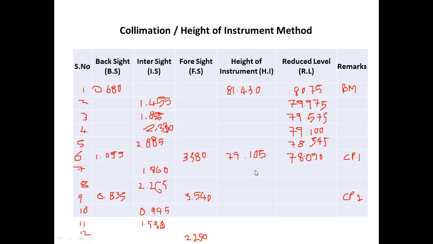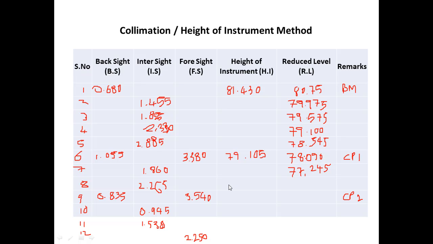This is the height of instrument for the CP1. Now 79.105 minus our corresponding reading. First, 1.860 gives the value of 77.245.